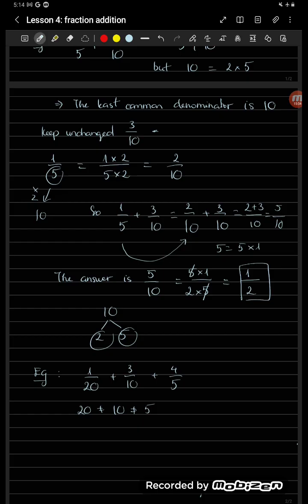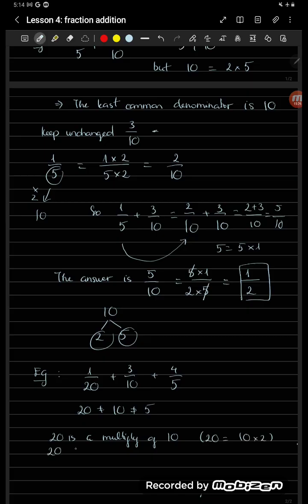But we can see 20 is a multiple of 10 and a multiple of 5. So 20 is a multiple of 10, right? Because 20 we can write as 10 times 2.